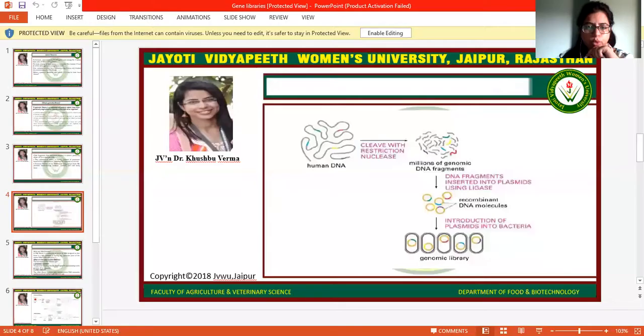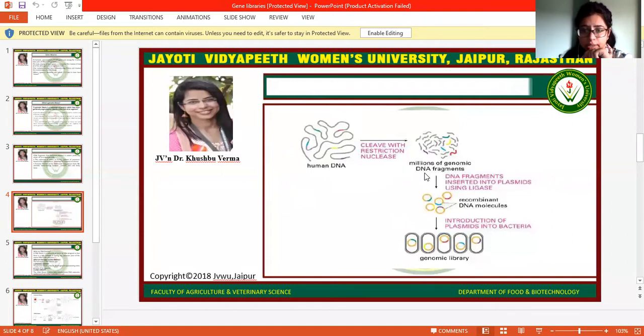For more understanding, I am sharing a diagrammatic representation by which you can understand more. This is the human DNA. First of all, we will cleave it with the restriction endonuclease enzyme. Now we have millions of genomic DNA fragments.